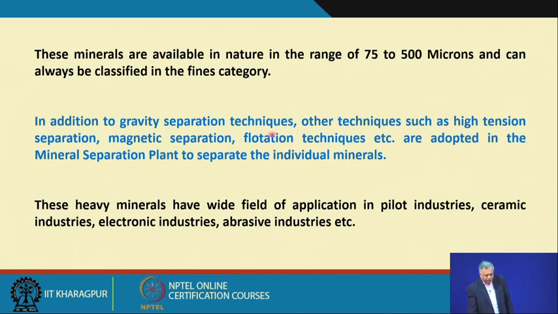Now, in addition to gravity separation techniques, other techniques such as high tension separation, that is electrical separation, magnetic separation, and flotation are adopted in the mineral separation plant to separate the individual minerals, because it is not only the separation of the heavies and lights; quartz you can separate based on the gravity concentration method.